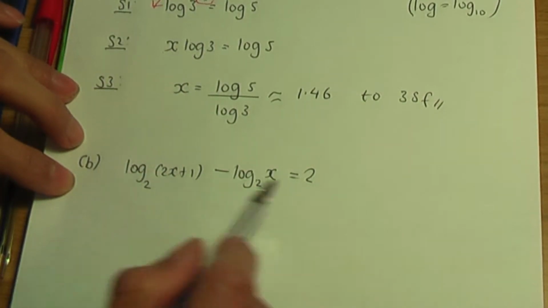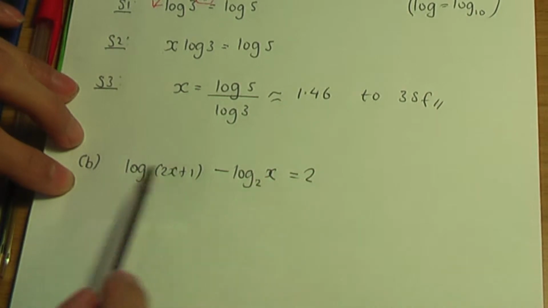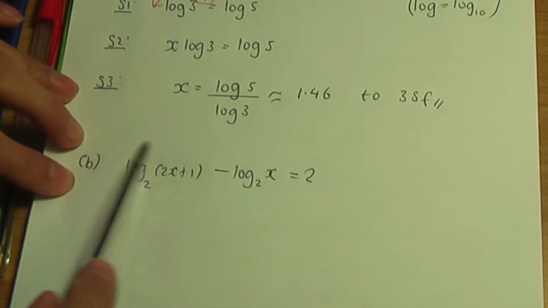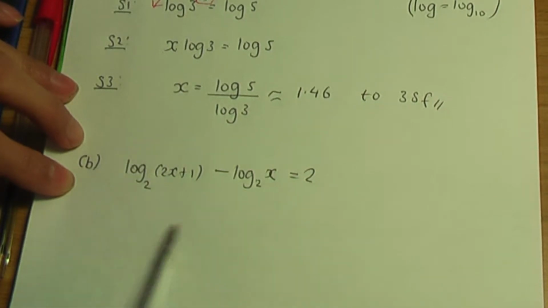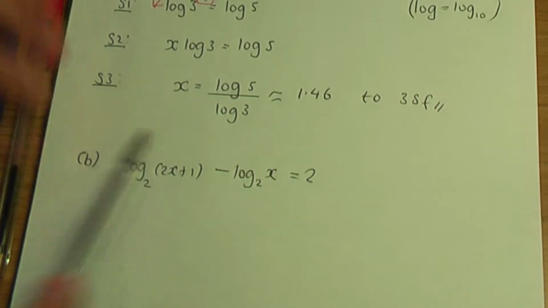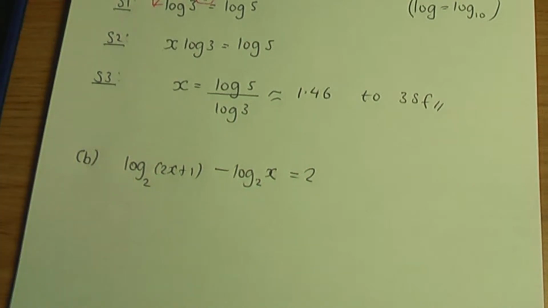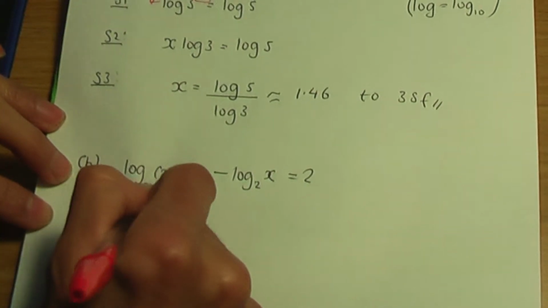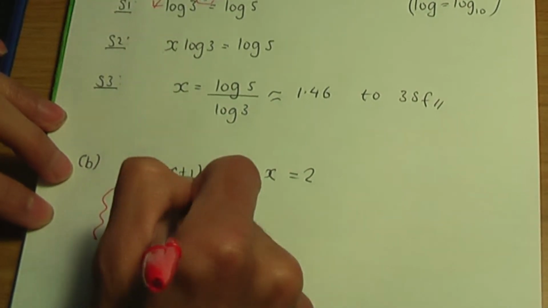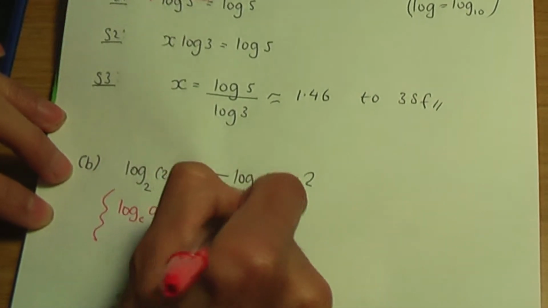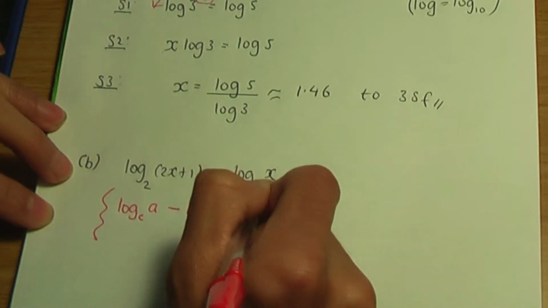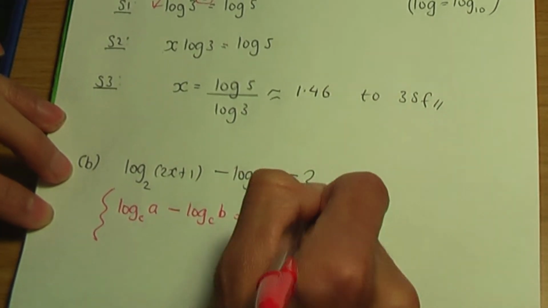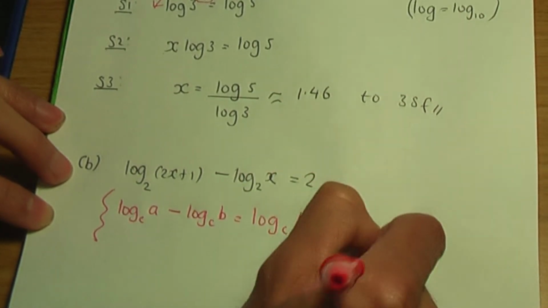Over here, I'm going to use one of the laws of logarithms, specifically to simplify this left hand term. Remember this law of logarithms. Let me jot down the law. If you have log of a to the base of c minus log of b to the base of c, that is the same as log of a over b to the base of c.